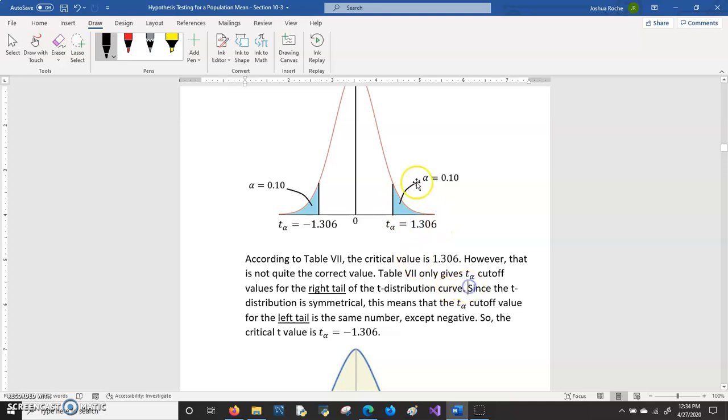But that's okay. The t-curve is symmetrical. We want to know the cutoff for the left tail, and it's going to be the same value except just negative. So our actual cutoff t value is negative 1.306.